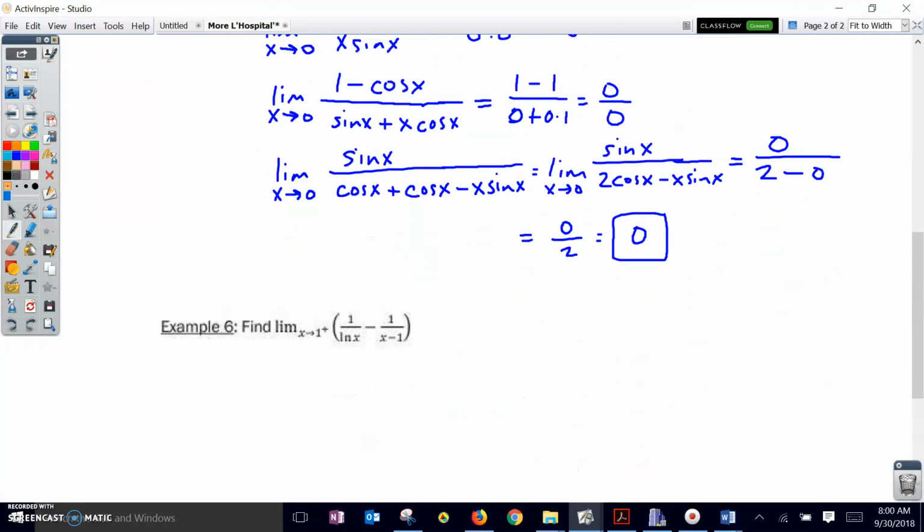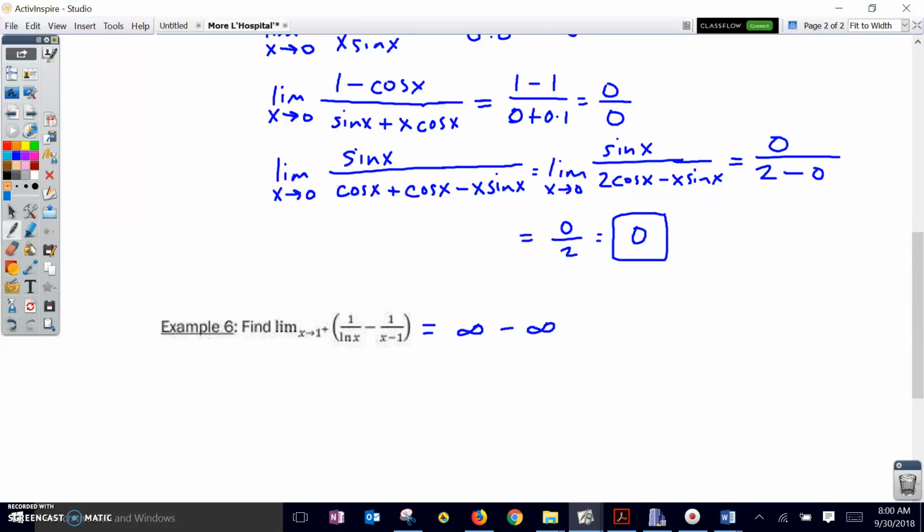Taking the limit as x approaches 1 from the right of this quantity, and this is again the form infinity minus infinity, because the natural log of x approaches 0 as x approaches 1 from the right. And so that's going to be 1 over something approaching 0, which gives us infinity. And again, we've got something of the form 1 over x approaching 1 over 0. So again, the second fraction approaches infinity as well.